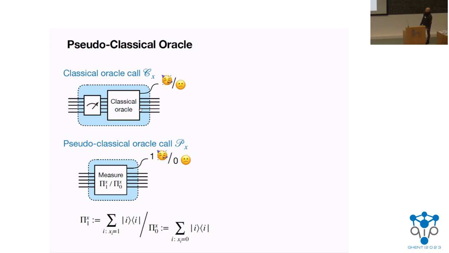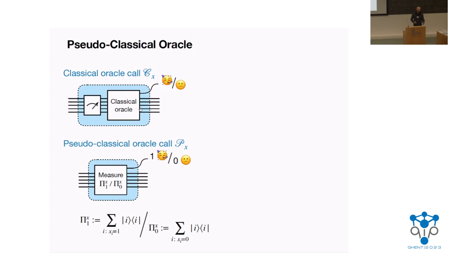It's very similar to the classical one, except now, instead of performing a measurement on every single basis state i, we non-destructively perform a two-outcome measurement specified by projectors pi1, which projects on all indices i such that xi is equal to 1, and pi0, which projects on all indices i such that xi is equal to 0.